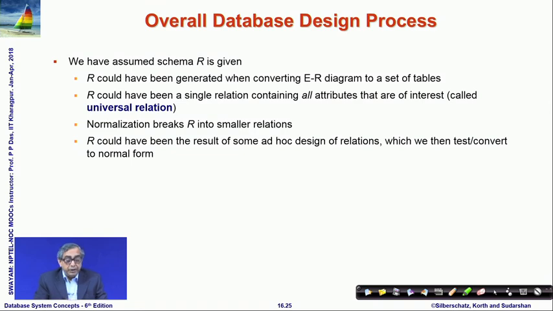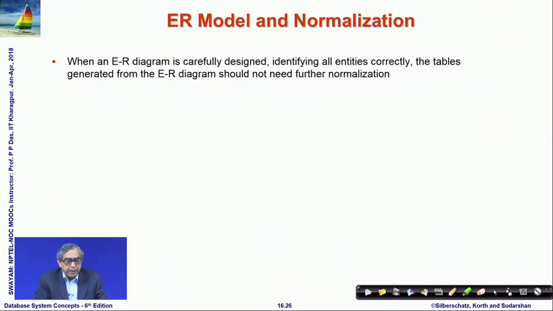It is also possible that we just started with a single relation containing all attributes, which is called the universal relation, and then normalization will break them into smaller relations. It could also have been the result of some ad hoc design of relations, and then we convert them. So, there are all different possible tracks that can happen.